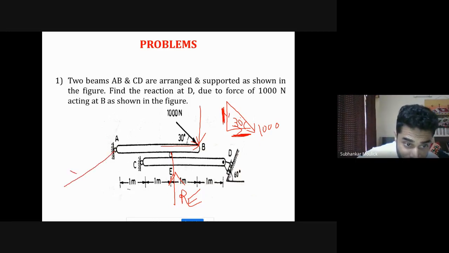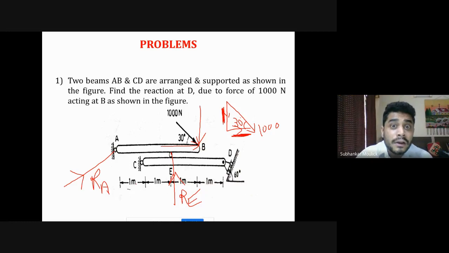See why it will be in this direction, RA. I have told you that while drawing the free body diagram, you have to keep in mind that you have to find the equilibrium point. And the equilibrium point is that point from where either all the forces originate or all the forces terminate, or some of the forces originate and some terminate.